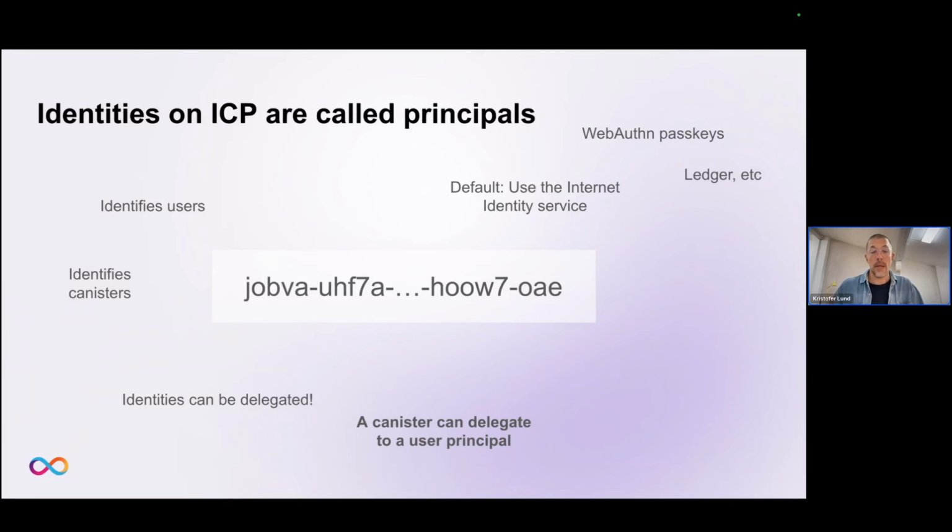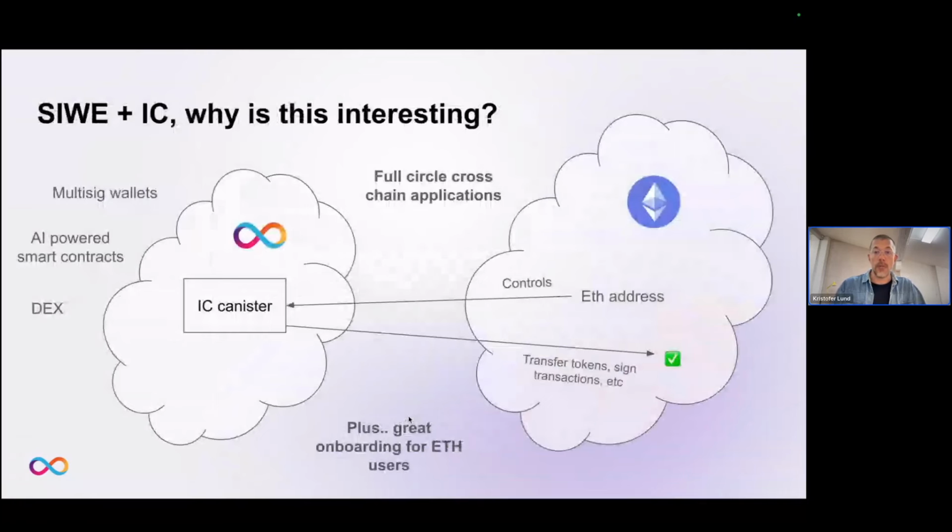And we can, thanks to the fact that identities can be delegated on the Internet Computer, and a canister can delegate to a user principal this identity. I'll go more into detail on how that works.